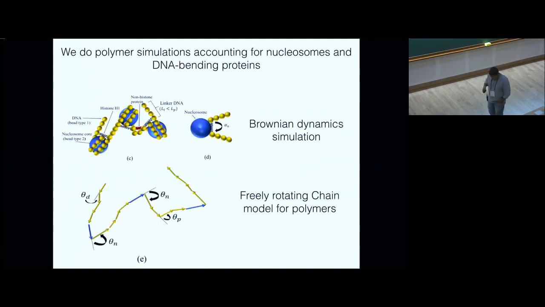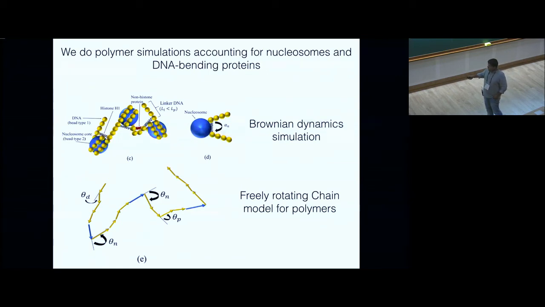To do that, we did two kinds of simulations. One, a simple freely rotating chain model simulation, and we also did detailed Brownian dynamics simulations. In the Brownian dynamics, we took bead-spring models with nucleosomes that would bend the DNA with an angle, and other proteins which would bind and bend. In the freely rotating chain, DNA is considered as a semi-flexible polymer.